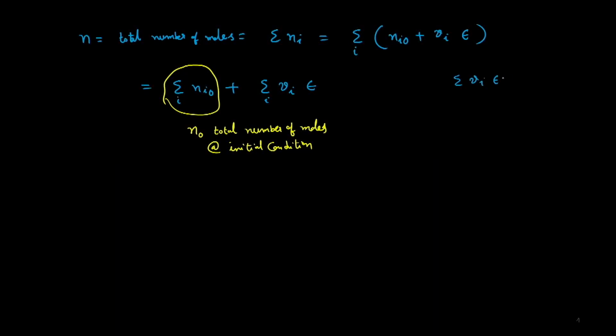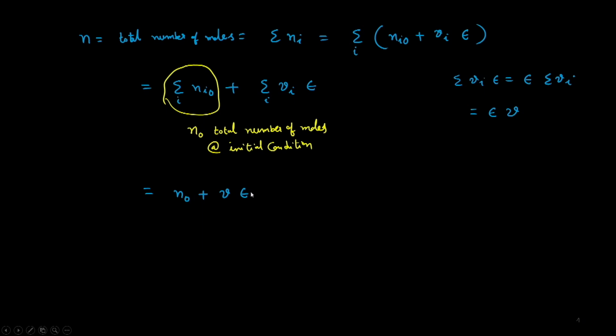Sigma nu I times epsilon is going to be epsilon times sigma nu I. Epsilon is constant irrespective of the species, so it can come out of the summation. And we have sigma nu I. Instead of writing sigma nu I each time, we can write it simply as nu, being the summation over all the nus for each of the species. So this equation then reduces to N naught plus nu times epsilon.